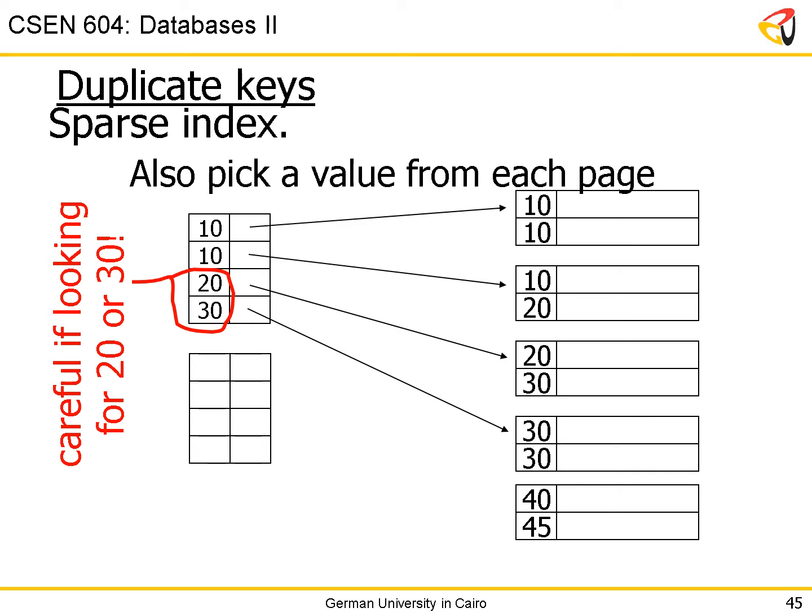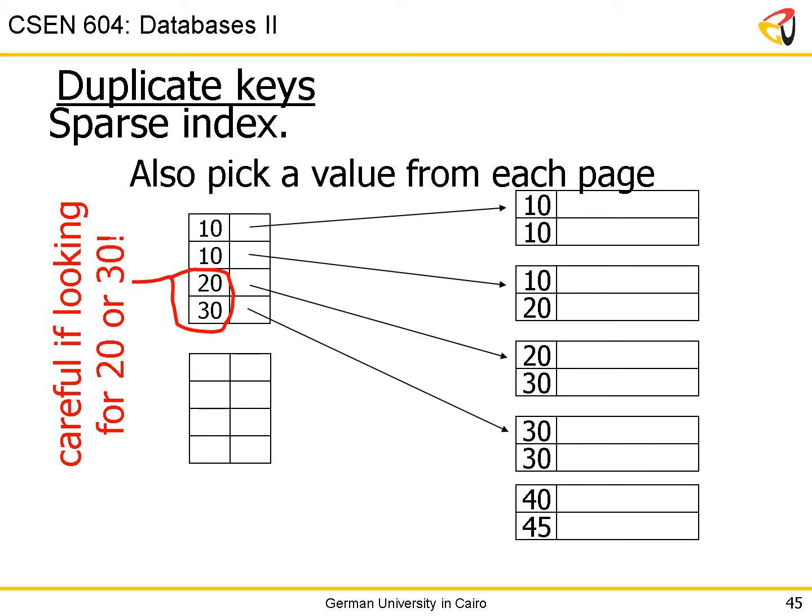If the query selects star from table where value equal to 30, you are pointing to a page that has two 30s, but you need to check the page before it, and perhaps even the page after it to make sure that there are no more 30s. The page before it, in case there is a preceding 30, and there is actually one after the 20 in the third page in the table, and you need to check the page that has a 40, because there could be a 30 there as well.